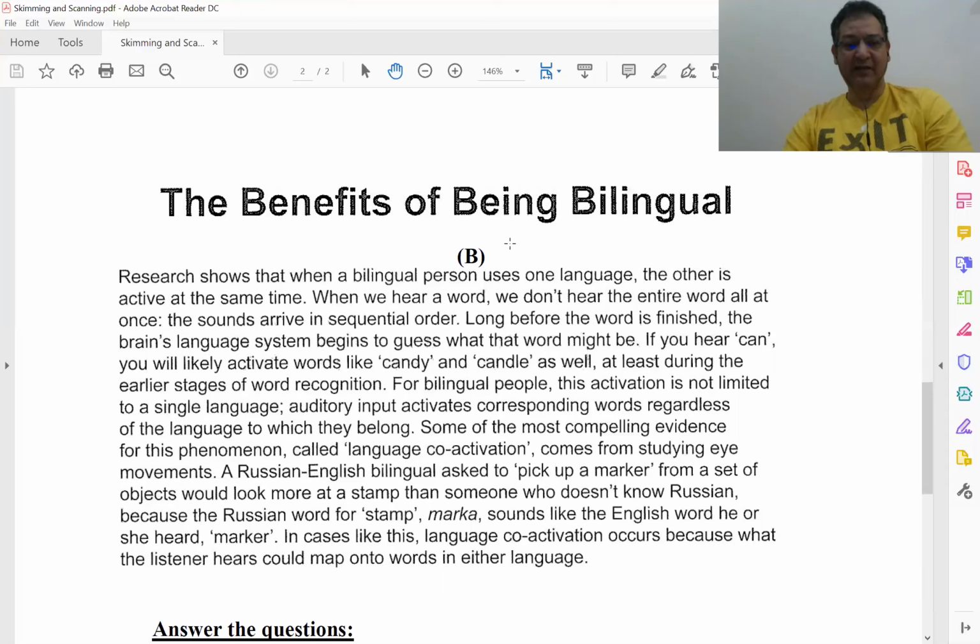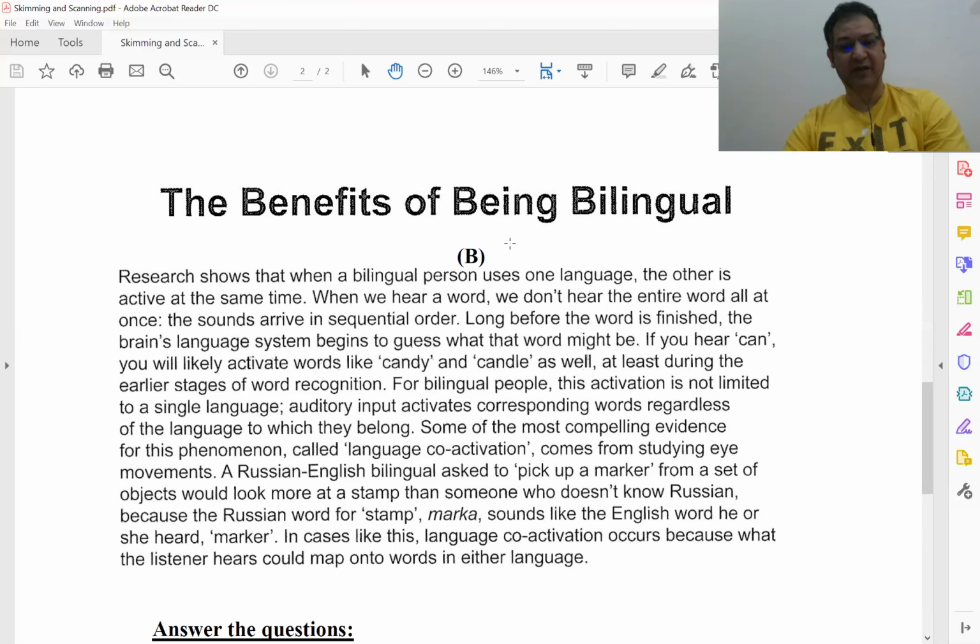Now, to apply skimming, what should I do? First, what is the title? The title is The Benefits of Being Bilingual. This is the title of the whole passage, which I chose a paragraph from. From this title, I know that I am going to talk about languages, not about the disadvantages but about the advantages.